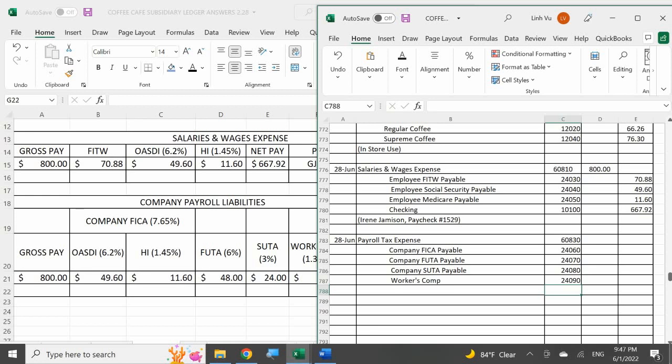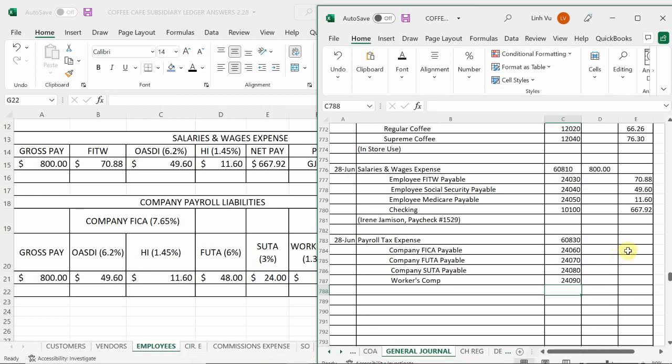And now we need to calculate all of the amounts that we calculated here in the employees section of the subsidiary ledger. So in this case, FICA, which is going to be a combination of Social Security and Medicare.